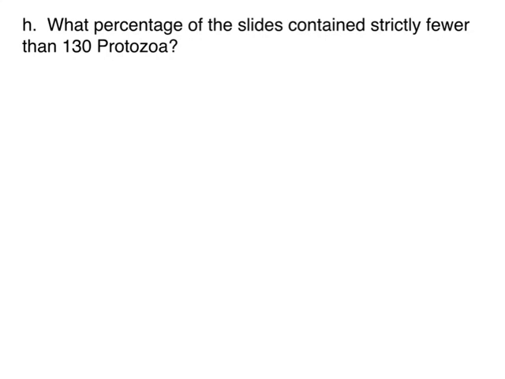All right, H says what percentage of the slides contain strictly fewer than 130? Well, we know that there were 20 slides in all. And out of those, fewer than 130, there were 1, 2, 3, 4, 5, 6. 6 out of 20 would equal what out of 100?